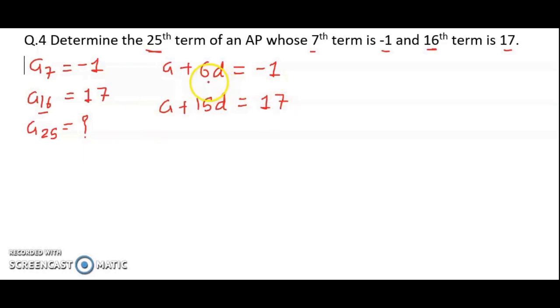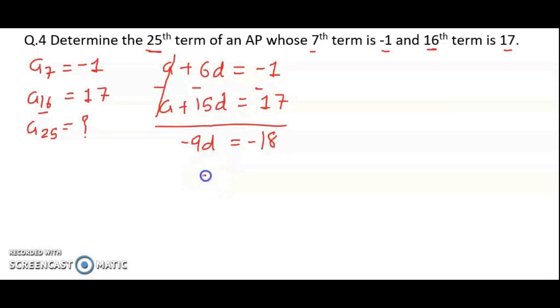Now if you want to calculate the value of A and D from those two equations, first of all subtract those two equations. So if you do the subtraction of those two equations, here A minus A will be cancelled out, then 6D minus 15D, that will be minus 9D, is equal to minus 1 minus 17, that will be minus 18.